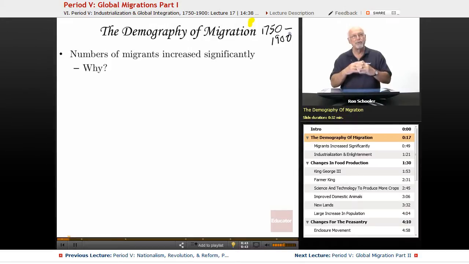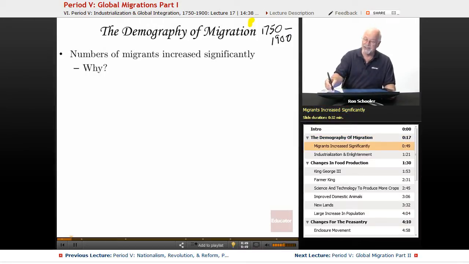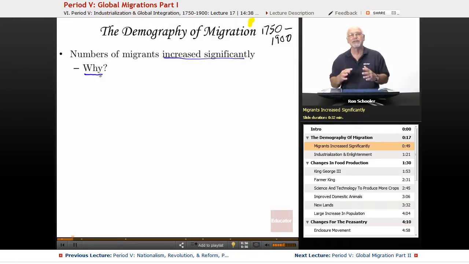Lots of people got up and moved around in the world during that period. Migration increased significantly. Now, I'm asking you, why do you suppose that was? What was happening from 1750 to 1900 that would uproot so many people?